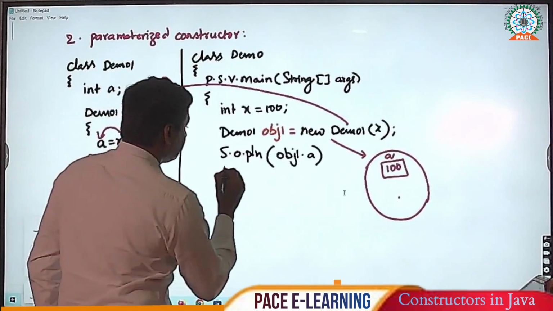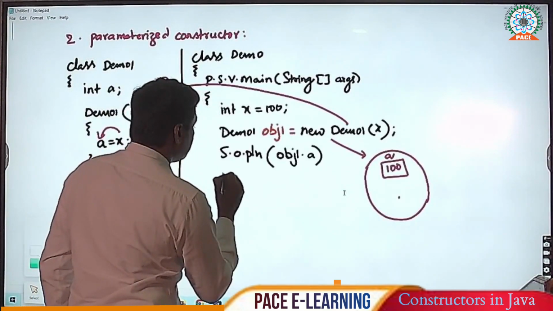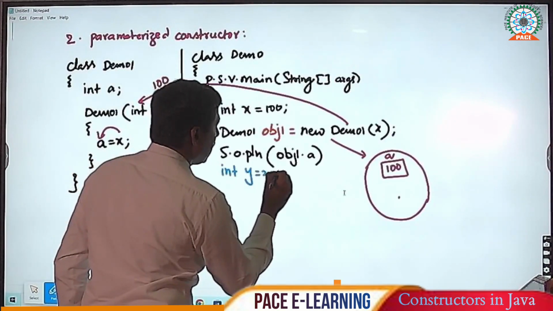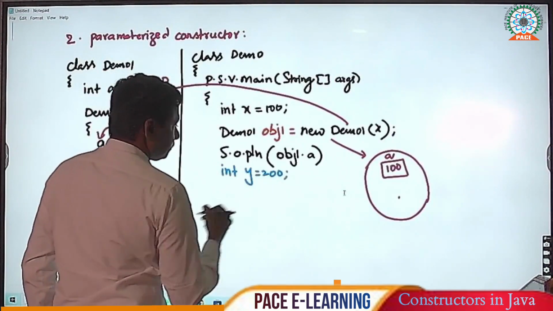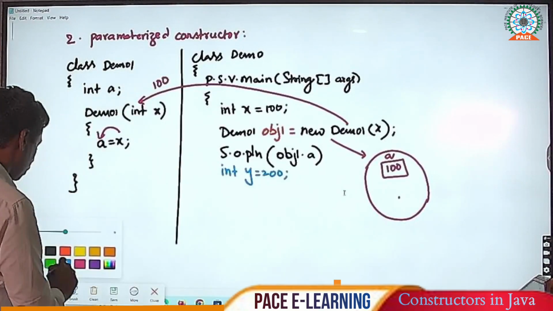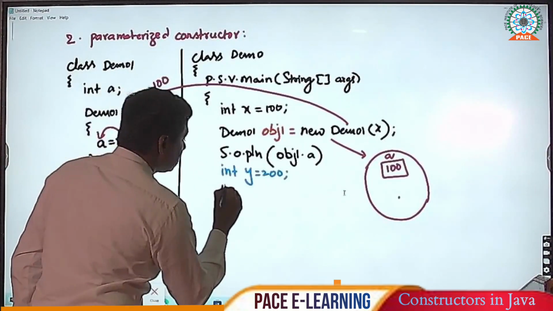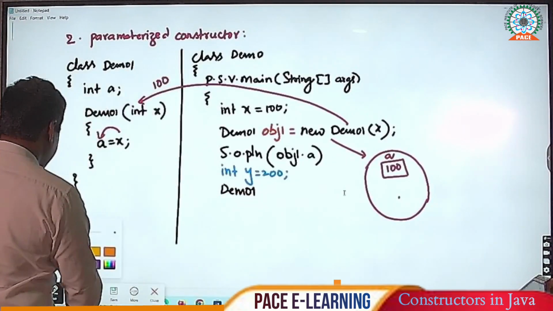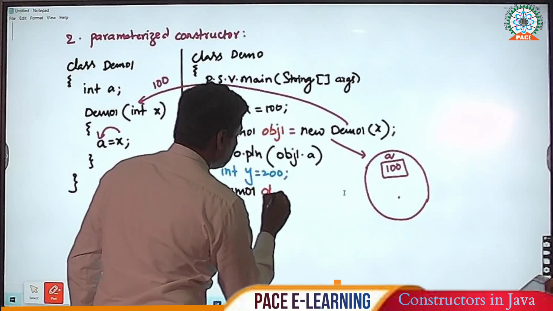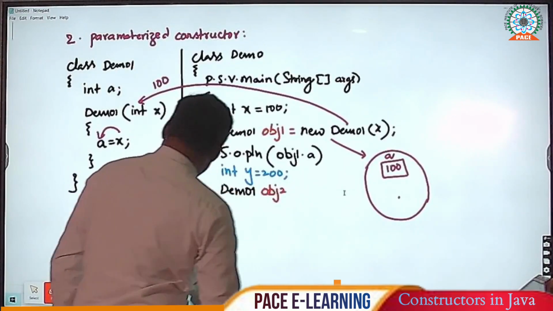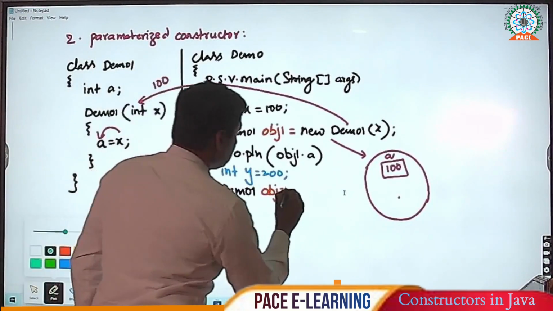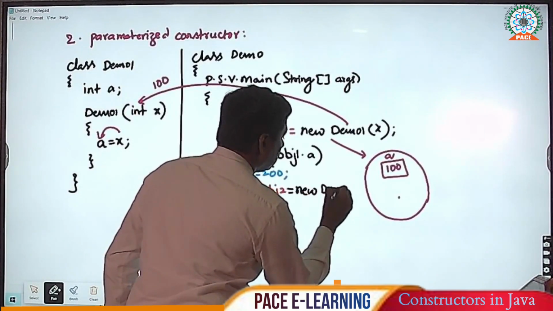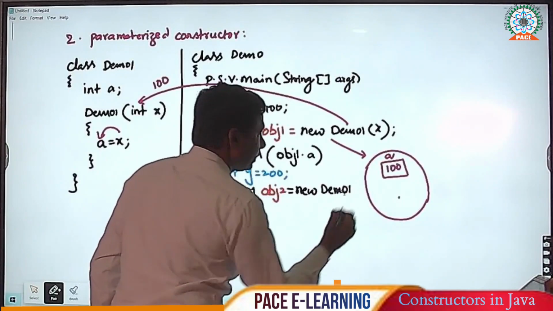Here it is. I am taking one more variable, int y, it is 200. I am creating one more object, demo 1, object 2 here: obj2 = new demo 1.